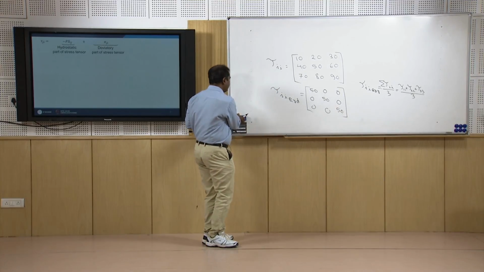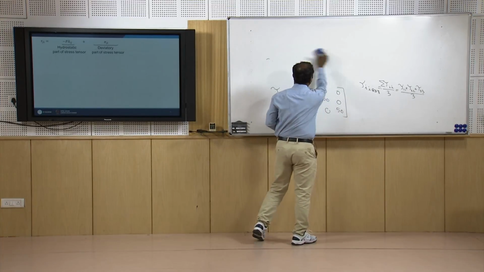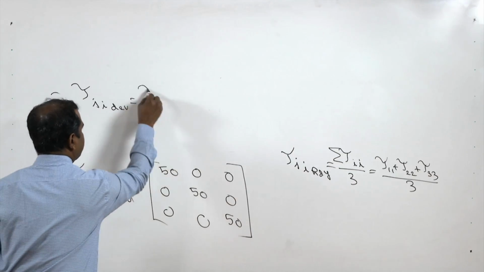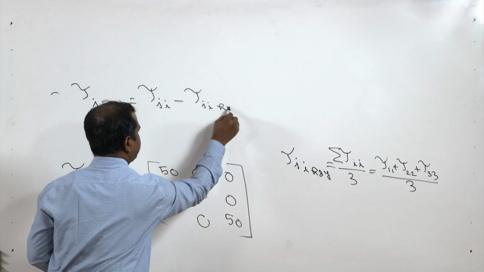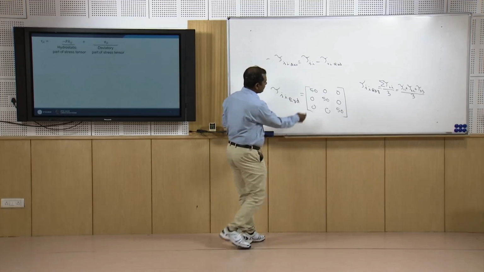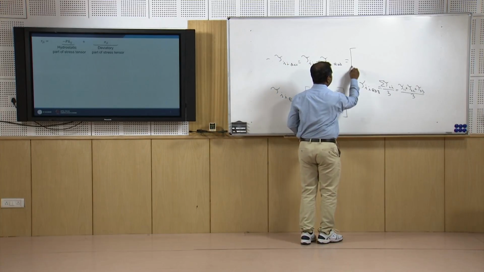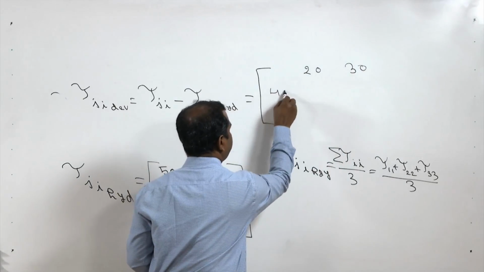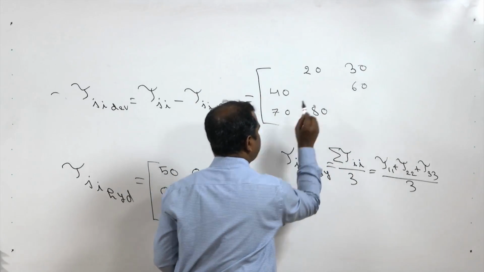So, we will be finding out that our deviatoric part, tau ji deviatoric, becomes tau ji minus tau ji hydrostatic. In the hydrostatic part we have only got the 50 terms in the diagonal, so here we will be getting the rest of the terms as usual: 20, 30, here we had 40, this term will be changing to 60, 70, 80, and the diagonal terms will be changing.